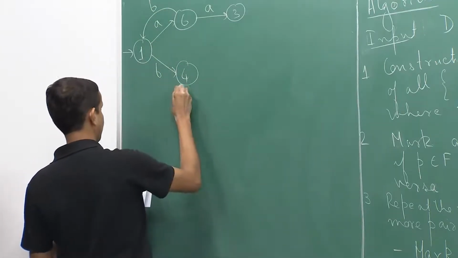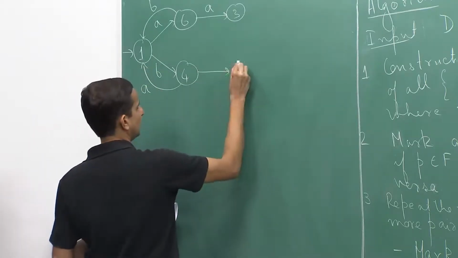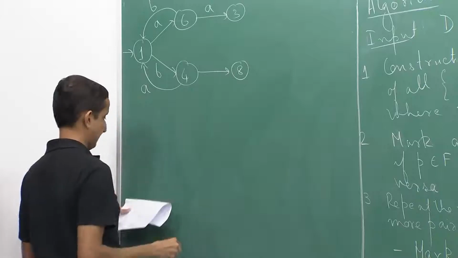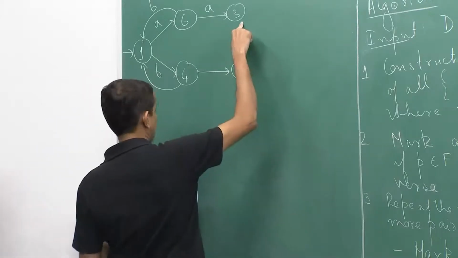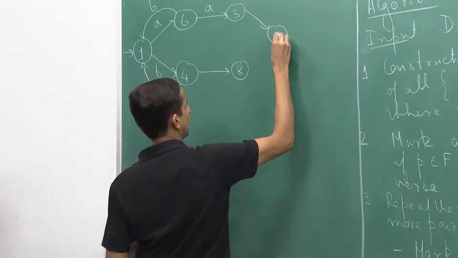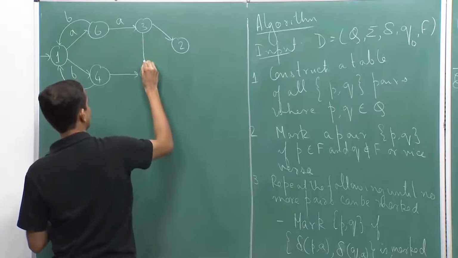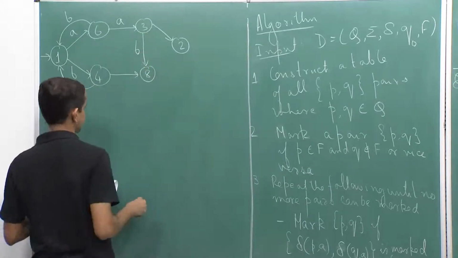From 4 on an A I go to 1, and on a B I go to 8. Now, from 3 on an A I will go to a state 2, and on B I will go to 8.